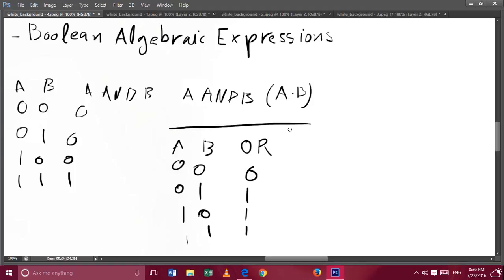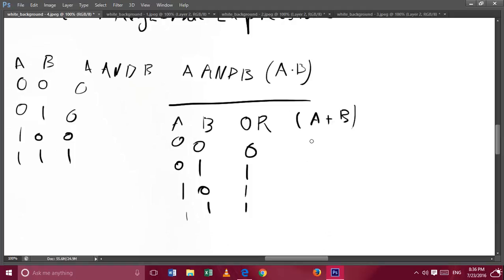And the way to write this in Boolean algebra is like this: A plus B. And again, if you think about it, it's like normal addition, except that 1 plus 1 is supposed to get 2, but in Boolean algebra this is 1. This is just a way for you to remember it, that AND looks like this and OR looks like this.